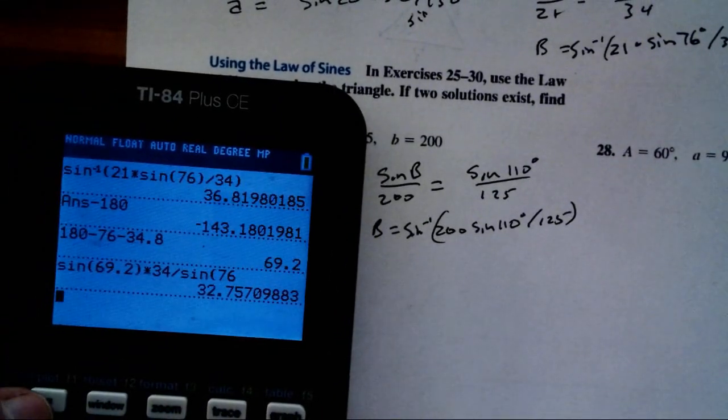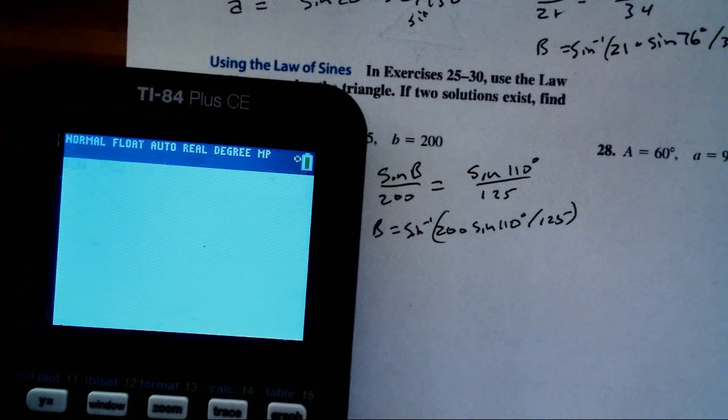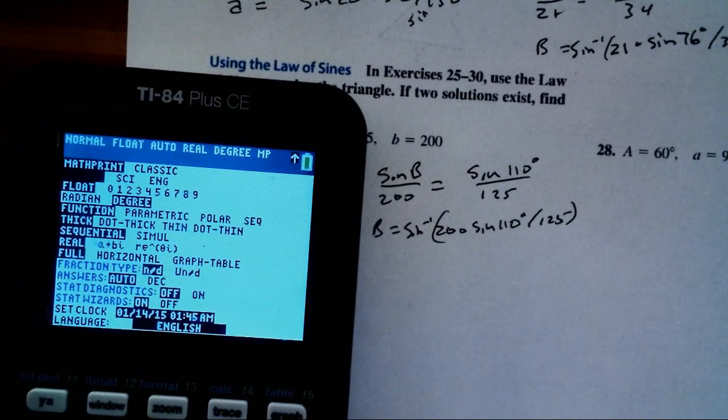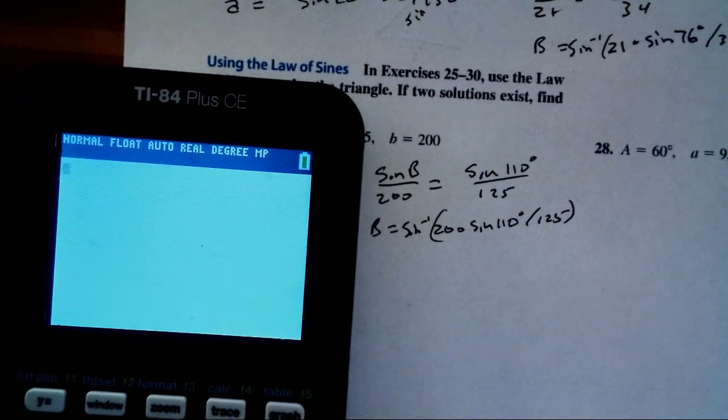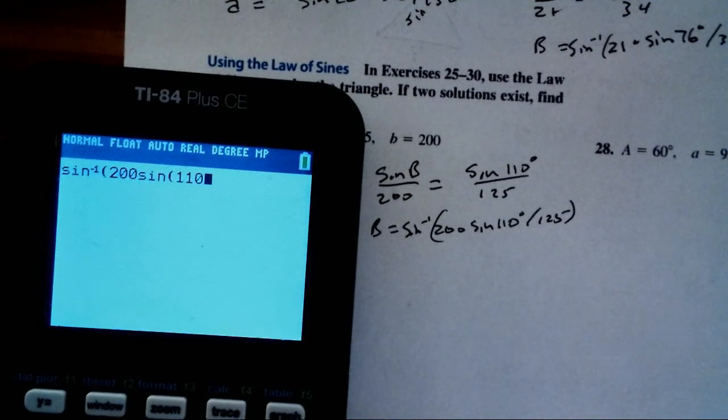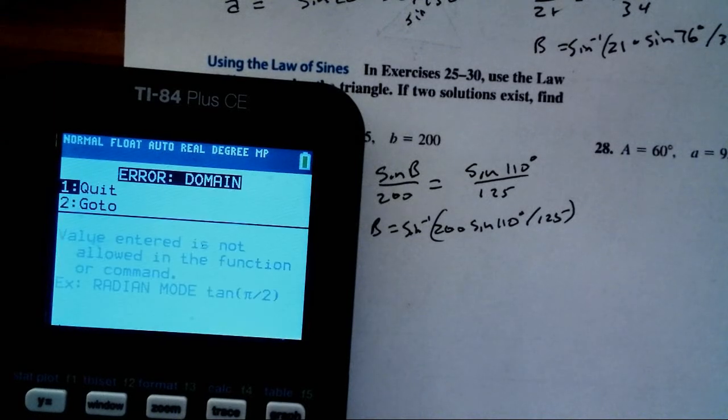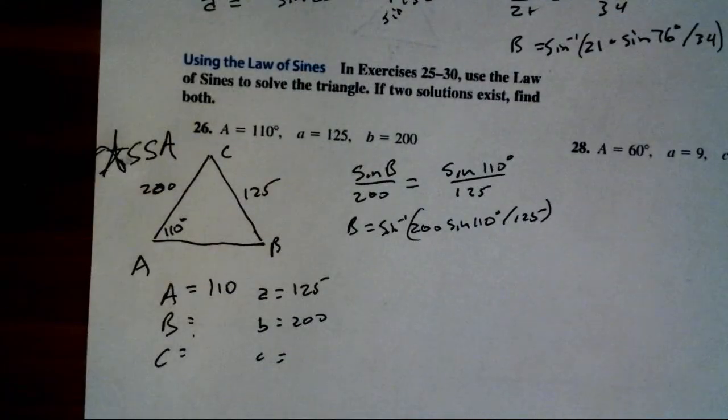I thought I was hitting second, but I wasn't. All right, so here we go. Second, sine inverse of 200 sine of 110 divided by 125 is, oh, we get a domain error. And that's what might have looked suspicious to us before.